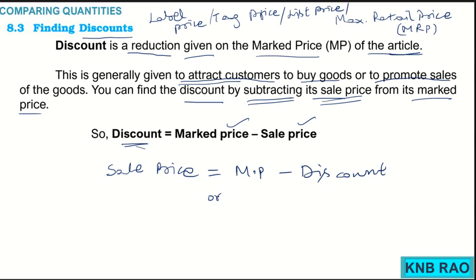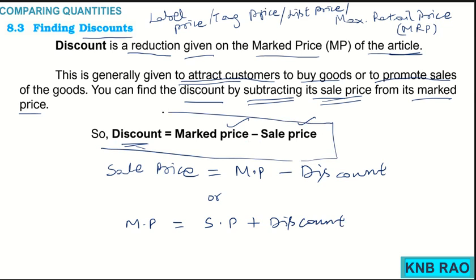Even we can have another formula called market price is equal to sales price plus discount. So, these are all other forms of this formula, which is an important one. So, discount is the difference between market price and sales price.